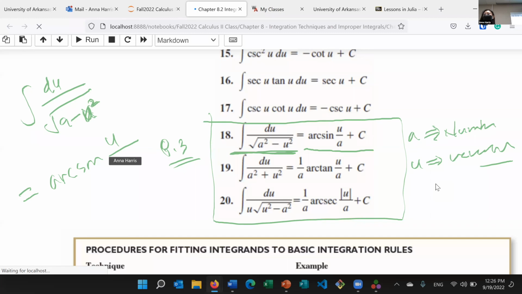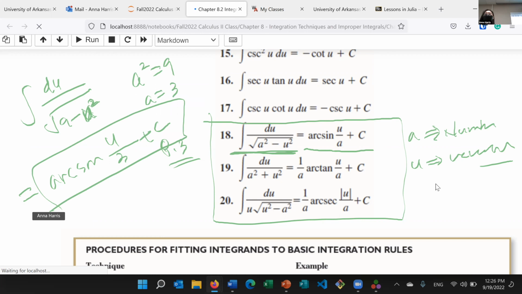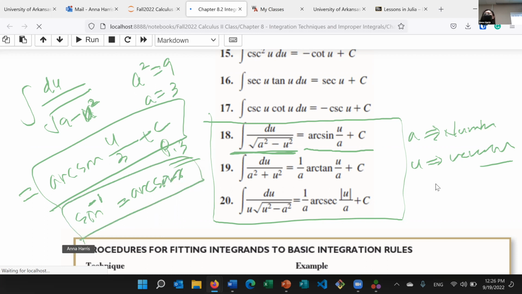What's a? Okay, a squared is 9. So a has to equal to what? 3. Okay, how can I also write down arc sine as? Sine and then what? Inverse, right? So they're saying sine inverse is the same as arc sine. They're the same thing. Okay, for your homework, you can write it either way. They're correct. Either way is correct.